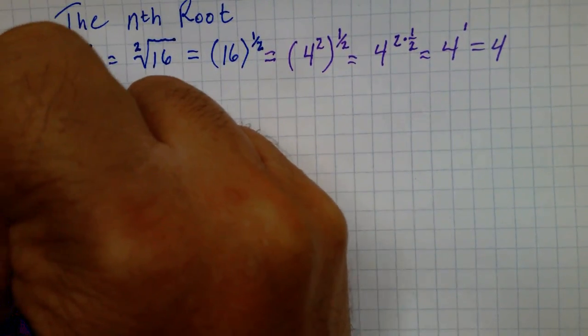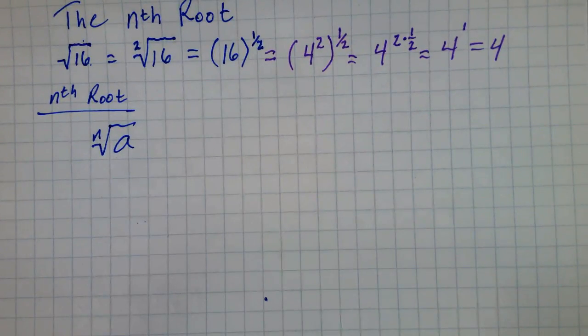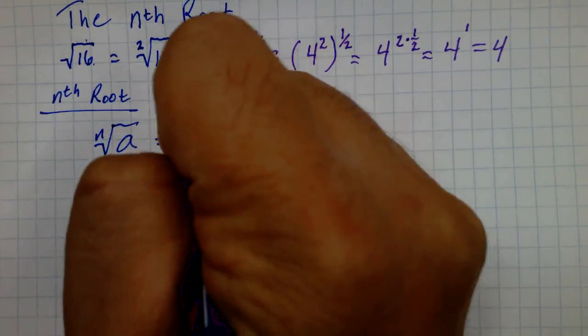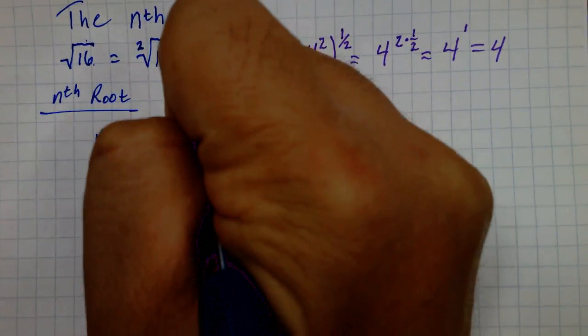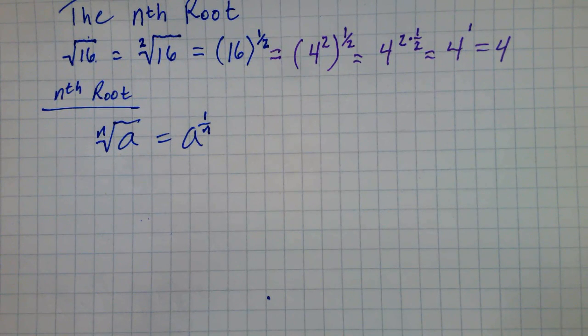Say you have the nth root of a. Another way to write this is a to the 1 over n. That'll work with anything, any root you give me. Okay?